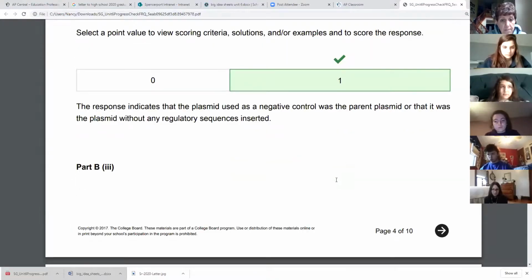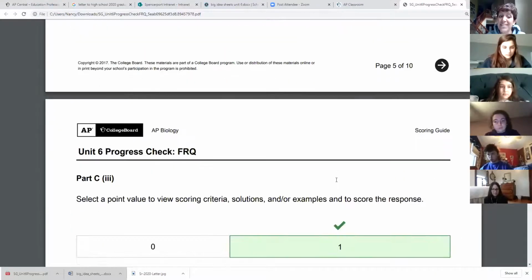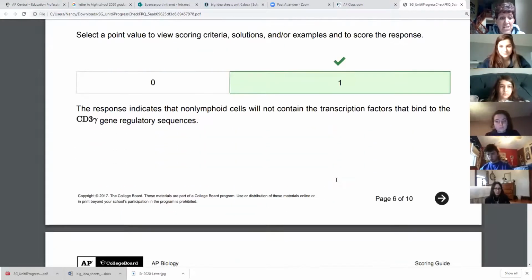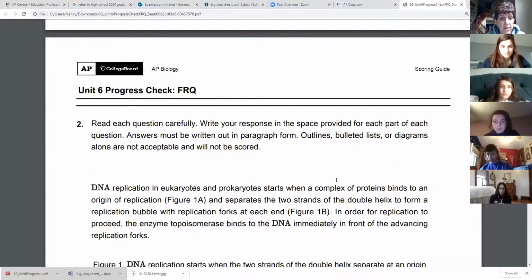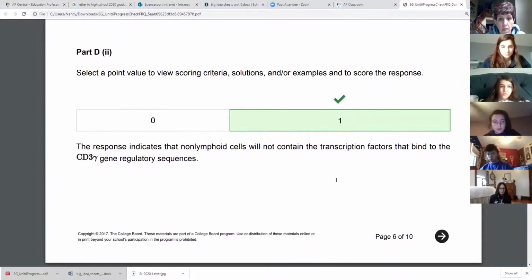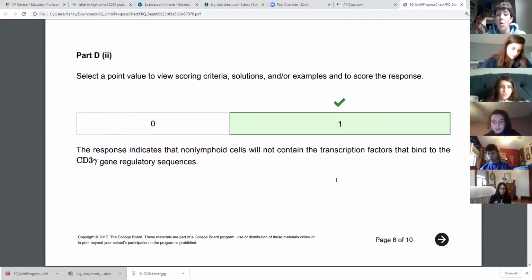Let's see how they wrote it. I just pulled up these documents, so I'm not sure how they write these. Oops, I've gone too far. Oh, all they put was the response indicates that non-lymphoid cells will not contain the transcription factors that bind to the regulatory sequences. That's it.